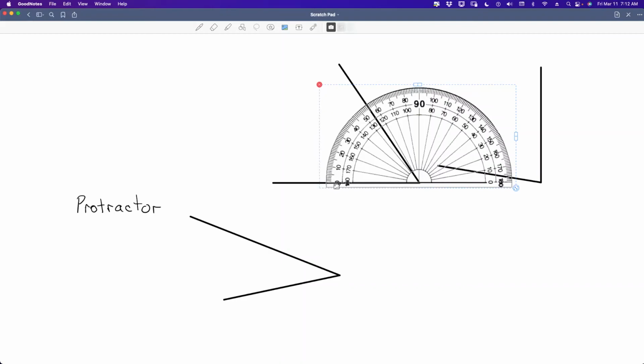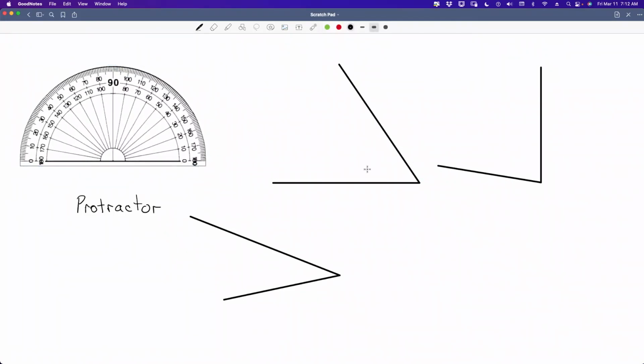You always line it up with a 0 depending on which side it opens up to. So now we're measuring using the outside degrees because this angle opens to the other side. So 0 up to 50, and it looks like it's right on 55. So that is what this degree of measure is. We'll mark that as a 55-degree angle.